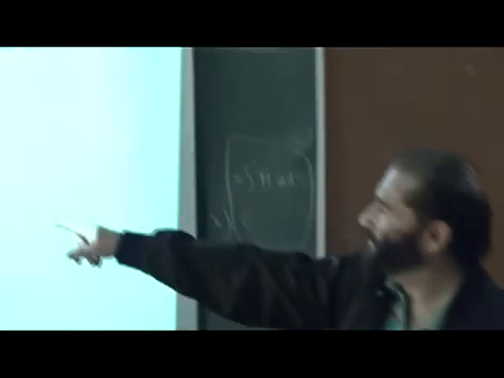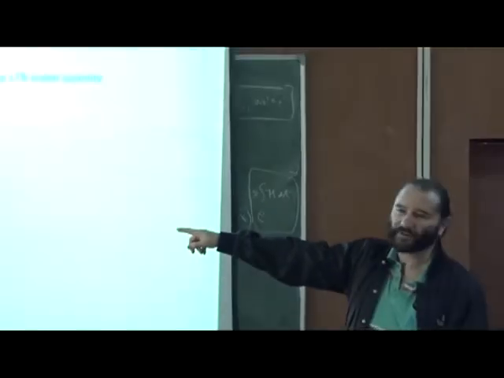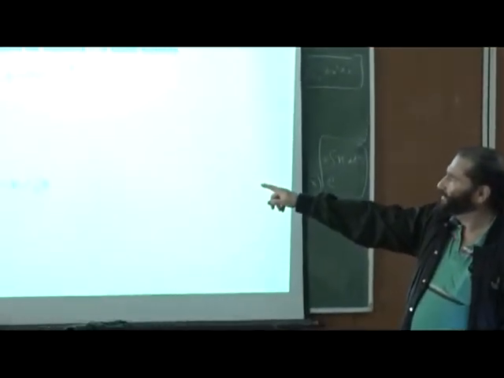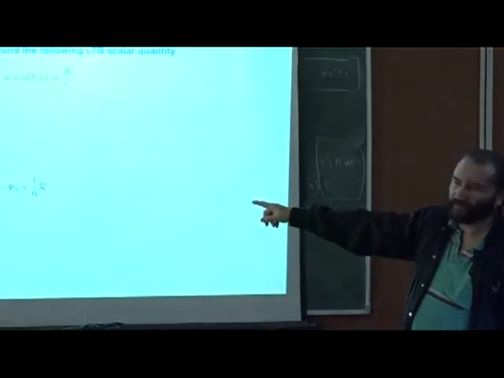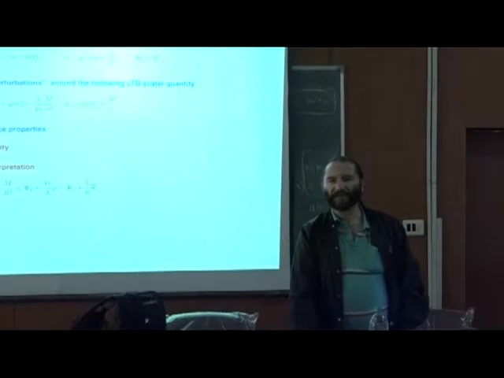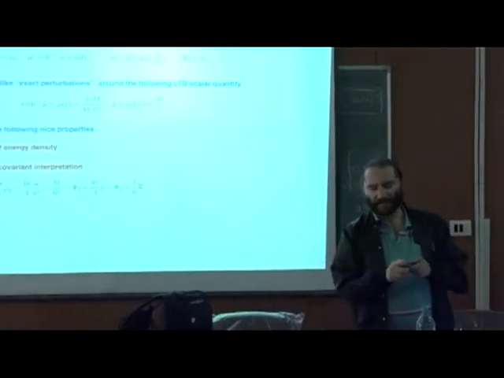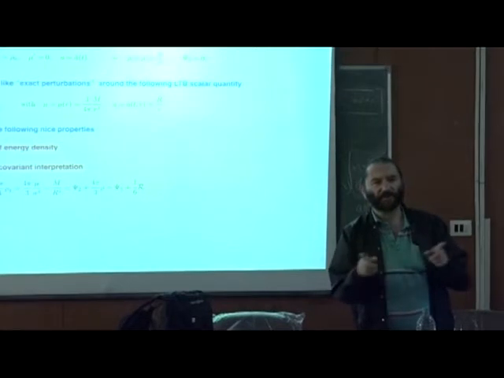Then LTB models reduce to Schwarzschild, but expressed in comoving coordinates, the coordinates that correspond to geodesic observers in Schwarzschild. In that case, m reduces to the Schwarzschild mass, and this term, the Schwarzschild mass divided by r cubed, where r would be the Schwarzschild radial coordinate, is related to tidal forces.